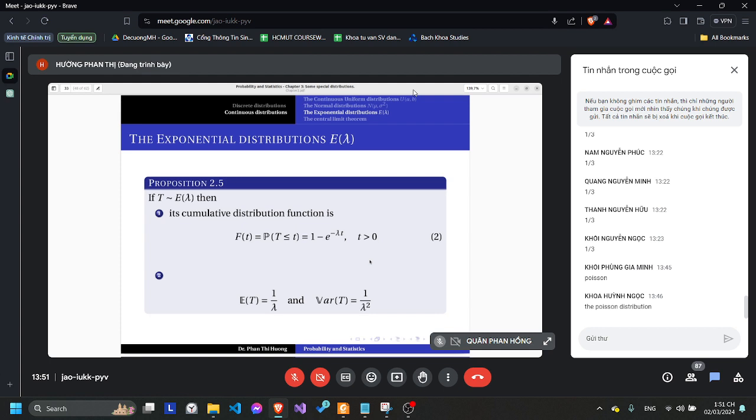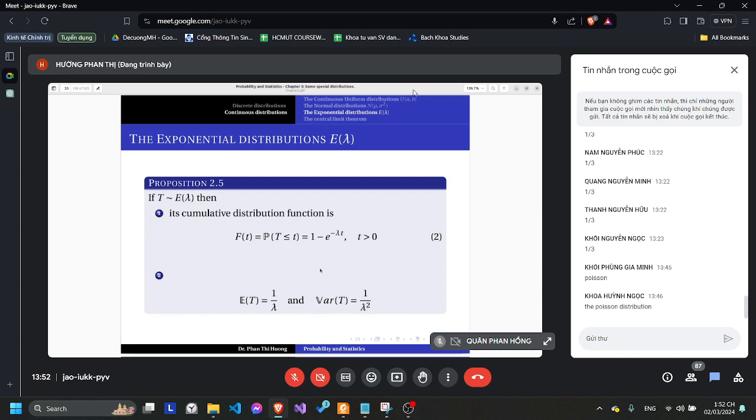And in the exponential distribution, the mean equals 1 over lambda. This means that the average time between two successive events is exactly equal to the inverse of the average number of events per unit. And the variance equals 1 over lambda squared.